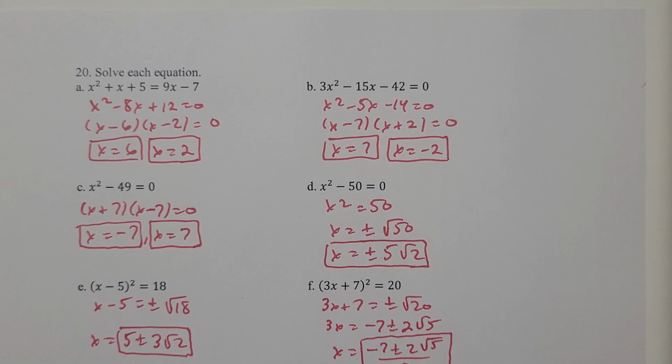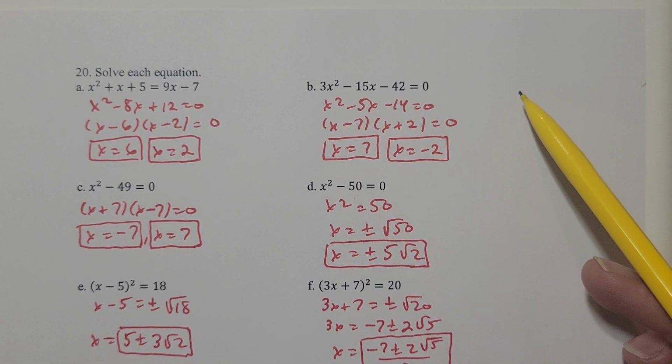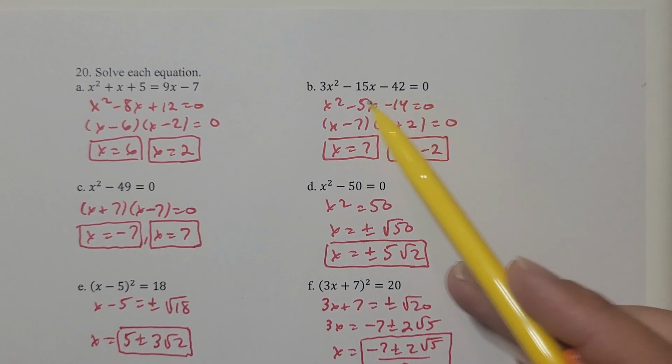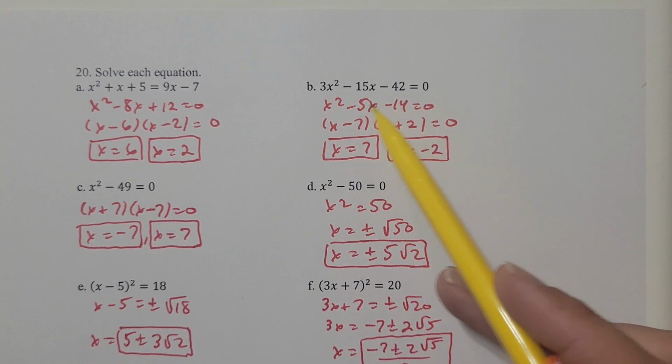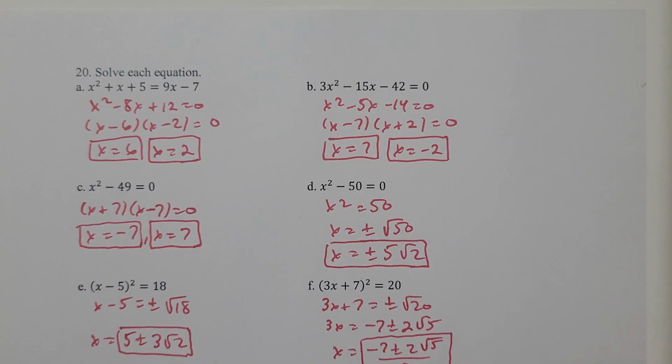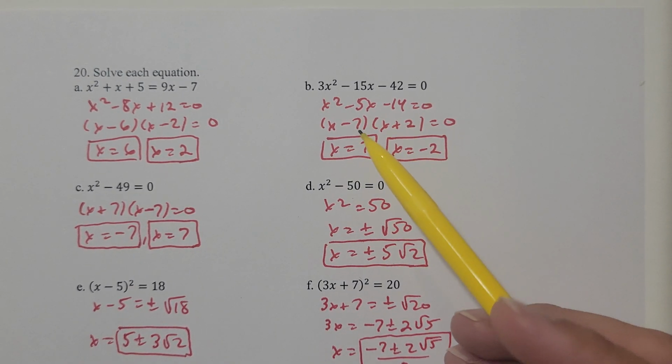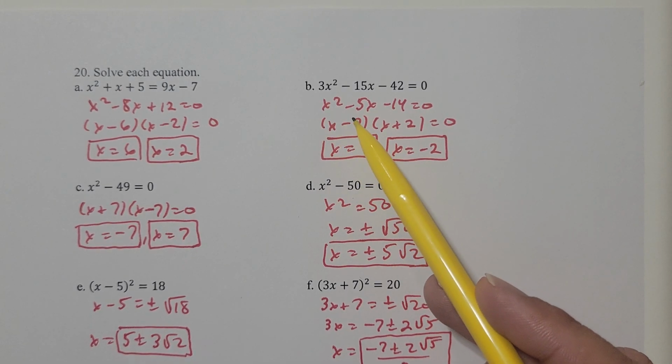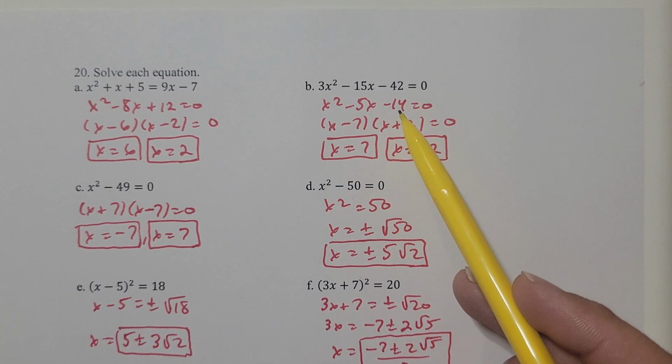Part B. I want to solve the equation given by 3x squared minus 15x minus 42 equals 0. So there's a quadratic equation. If I divide both sides by 3, which goes into all three of these numbers evenly, then I can make the numbers a bit nicer than what they are. So I got x squared minus 5x minus 14 equals 0.